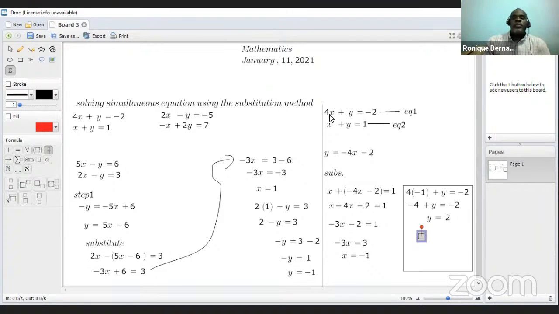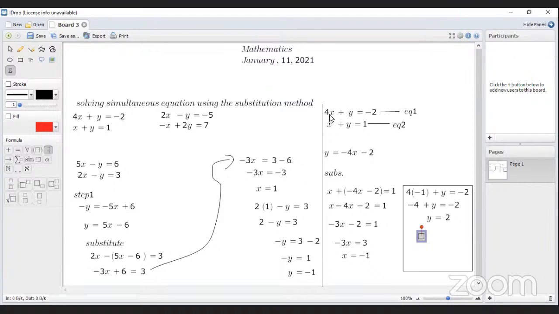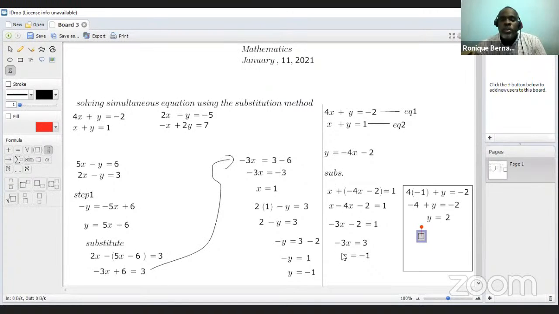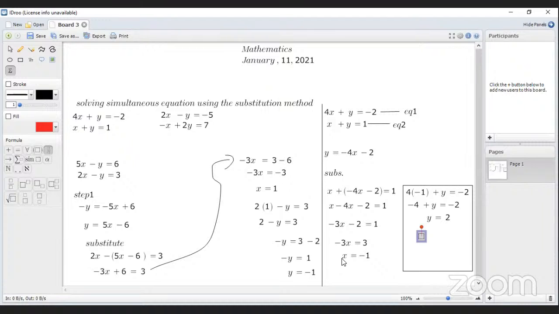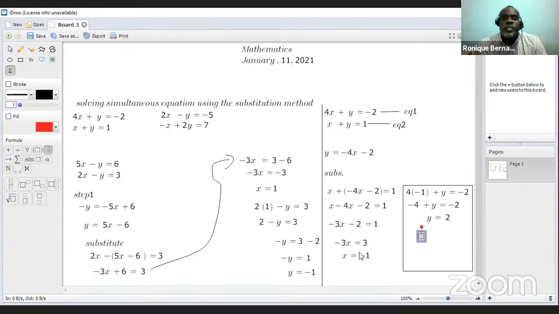All right. Now, if we solve to get x, you understand that, right? Yes, sir. Okay. Now that we got the value of x, we substitute it in this equation. We could have chosen any of the two equations. I just chose equation number 1. So where x is in equation number 1, I put negative 1.